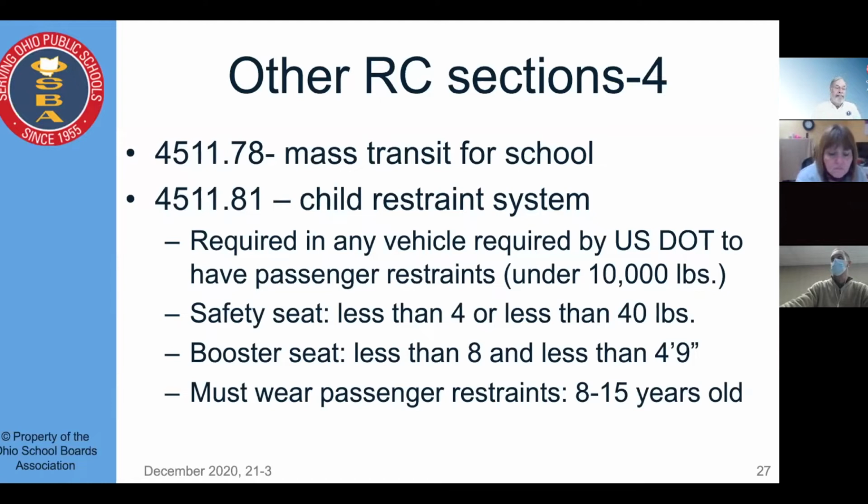So if you use a safety seat, you need to have a federally compliant passenger restraint belt in there to hold it down. Or you can use one of those convertible seats that are sold by the companies. Or you can use the vest system.